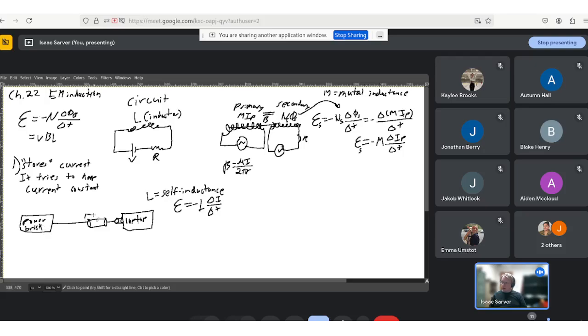So what's this guy doing? What the power brick does is it takes incoming 120 volt AC, and coming out the other side is 12 volt DC.